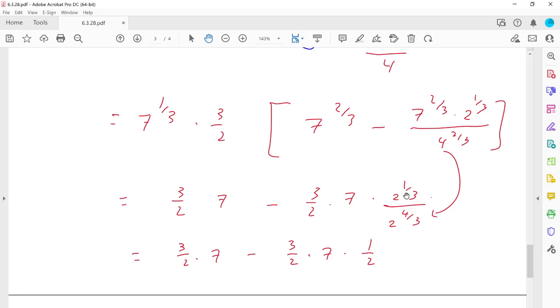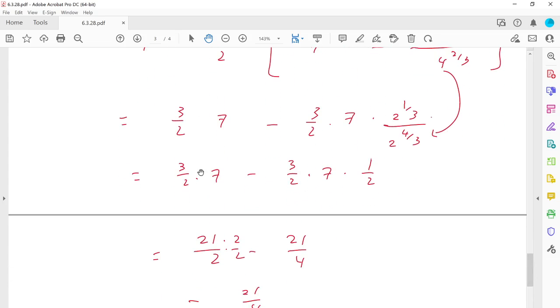If we do further simplification, we can bring this 2^(1/3) down, and then subtract from 4/3. That will give us 1, so that's why we have a half. And now in the first term we have 21/2. Second term we have 21/4. So to make the same denominator, we can multiply the top one and bottom one by 2.